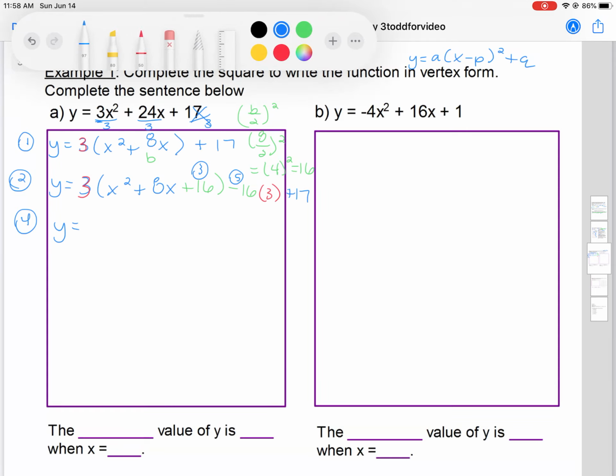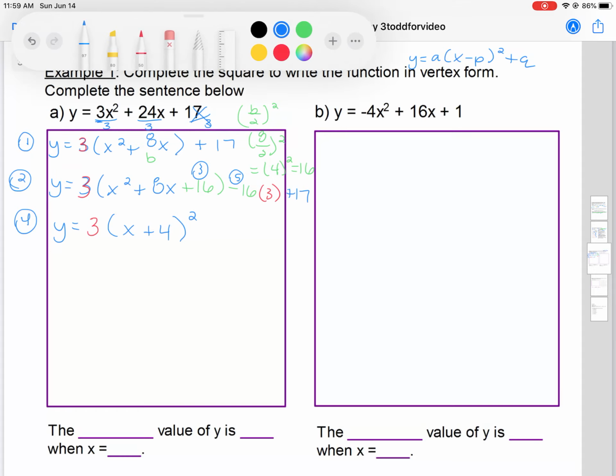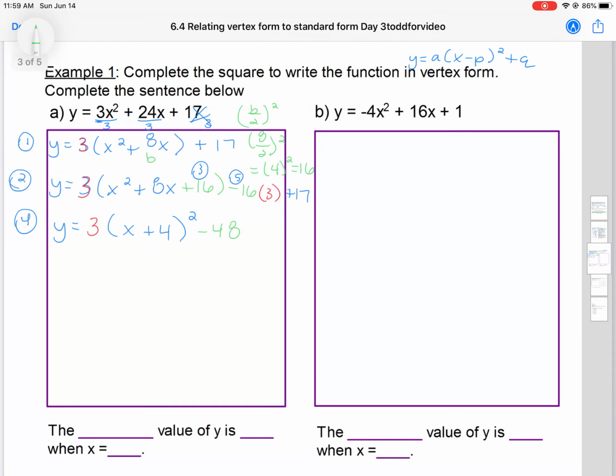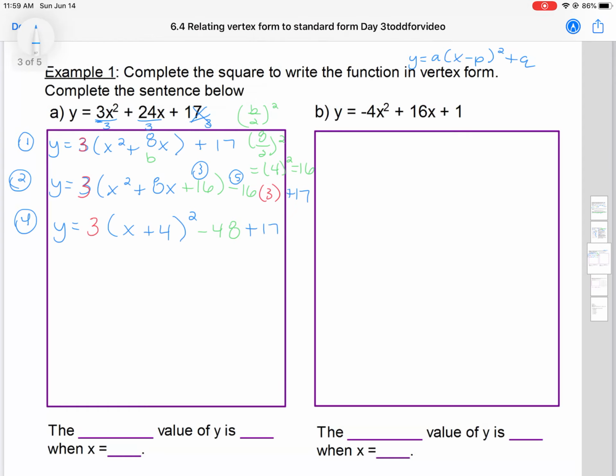Again, you leave the 3, and take the half b value you got. That's the perfect square. And then -16 times 3 is -48. And then that c value still at the end. And then step number 6, you just simplify.